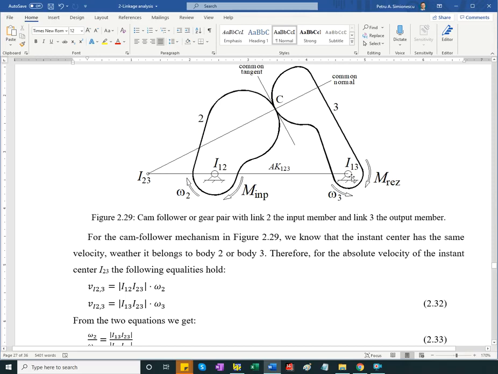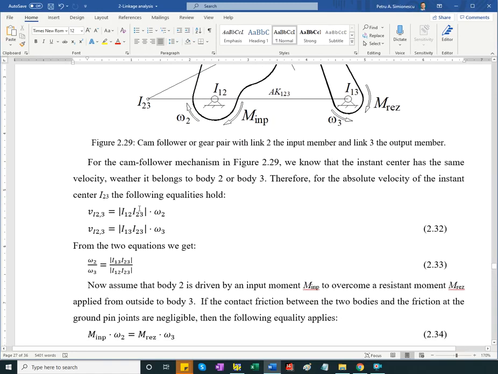And in order for that same to apply from the perspective of body 3, I need to have omega 3 clockwise, same as this one. And it makes sense, just imagine these bodies pushing each other. Body 2 pushes body 3, and this tends to also move to the right as body 2 rotates clockwise. Sorry for this.